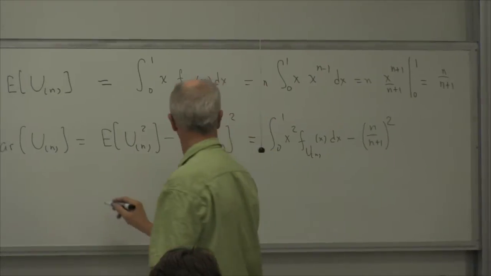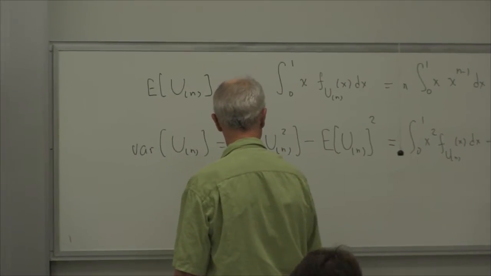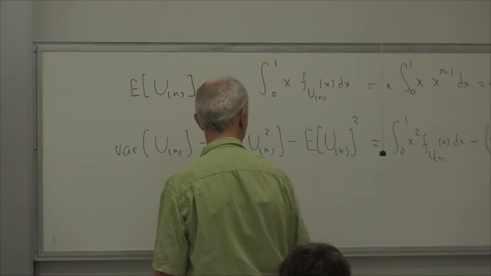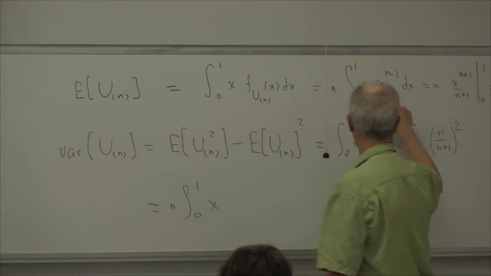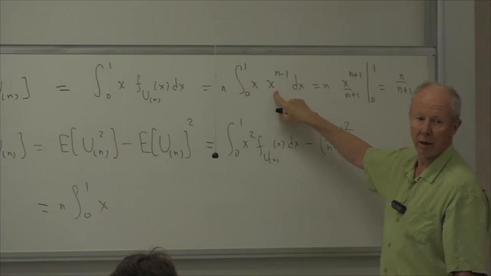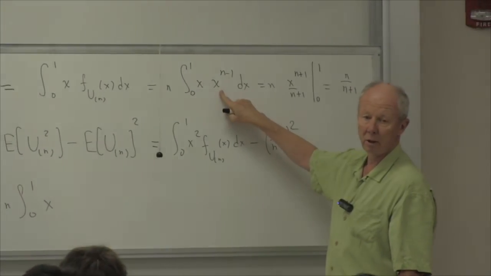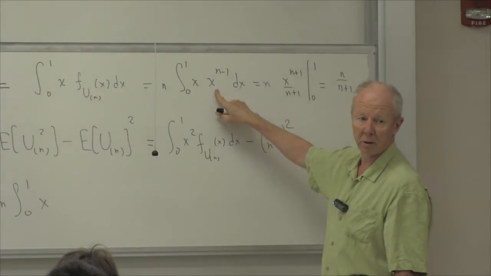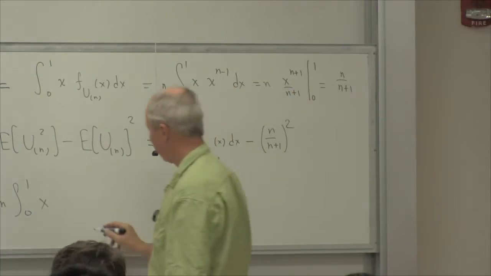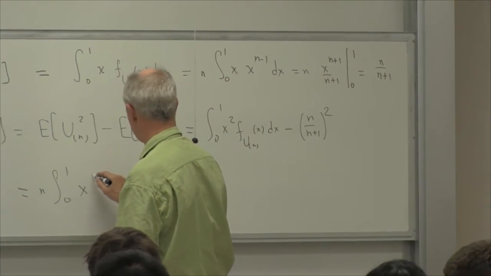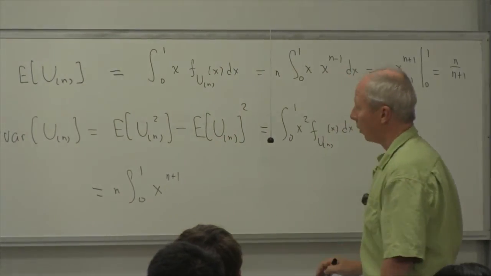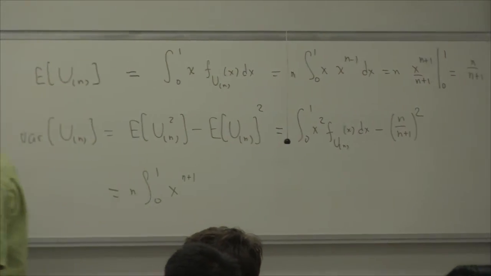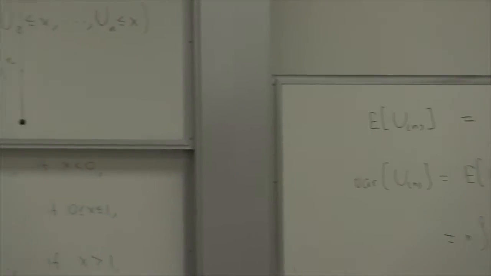Okay, and this becomes the integral from 0 to 1 of n times x to what power? From here we get x squared. From here we get x to the n minus 1. So that'd be an x to the n plus 1 altogether. Well, you're getting the minus 1. I thought it was x to the n. Okay, so here's the CDF.